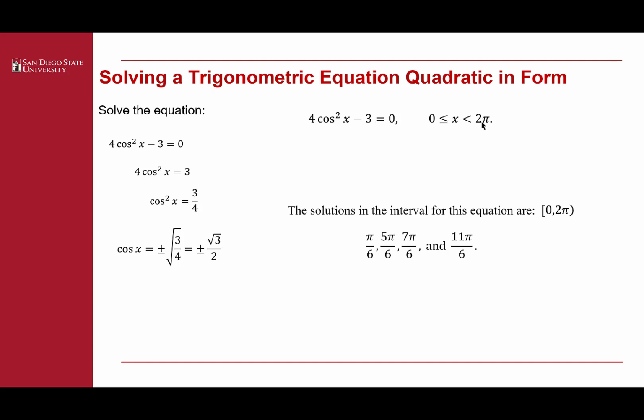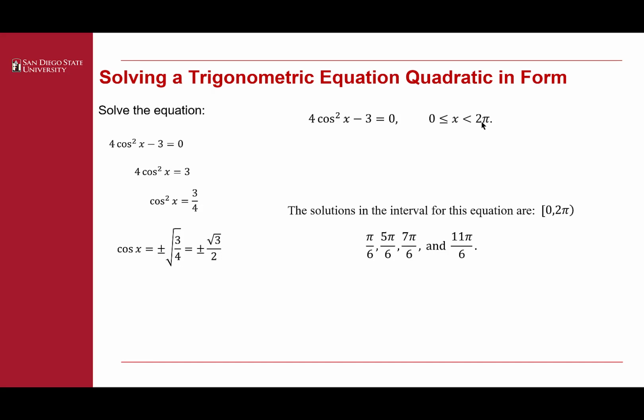And this translates as cosinus square x equals to 3 over 4, which yields cosinus x equals to plus or minus square root 3 over 4, which is plus or minus square root 3 over 2.